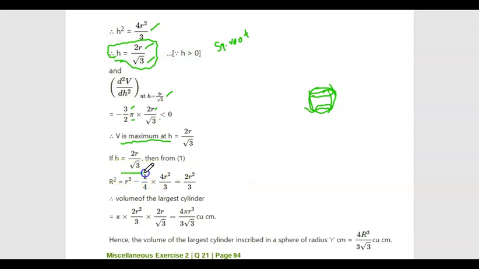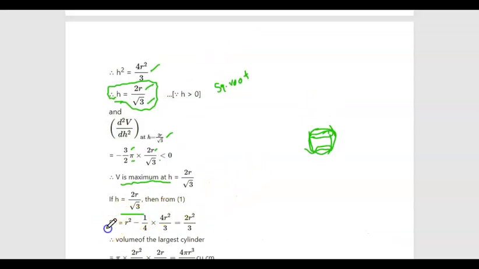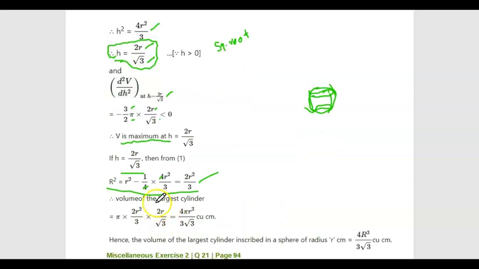So we'll be getting h equals 2r upon root 3. From the first equation, we are substituting that. The 4 and 4 get cancelled. r square minus r square by 3 will be 2r square by 3. So the volume of the largest cylinder will be pi r square h, all in terms of small r.